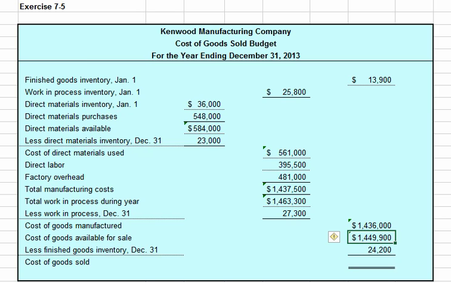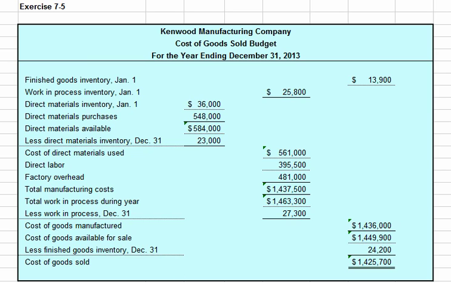Okay, so 1,449,900. That's everything we had available for sale, or all the finished goods we had available for sale during the year. We estimate that 24,200 out of that will not be sold by year end. So the difference in those two is our estimate of cost of goods sold for the year. $1,425,700 cost of goods sold, or our estimate of cost of goods sold for 2013.